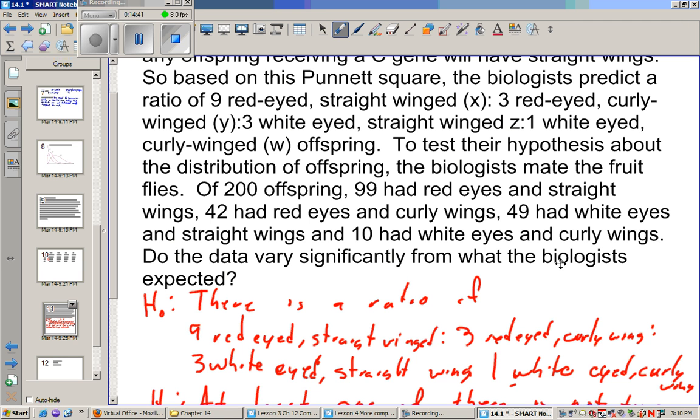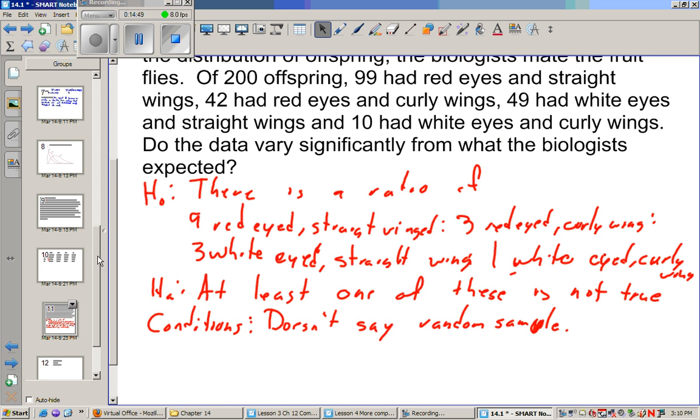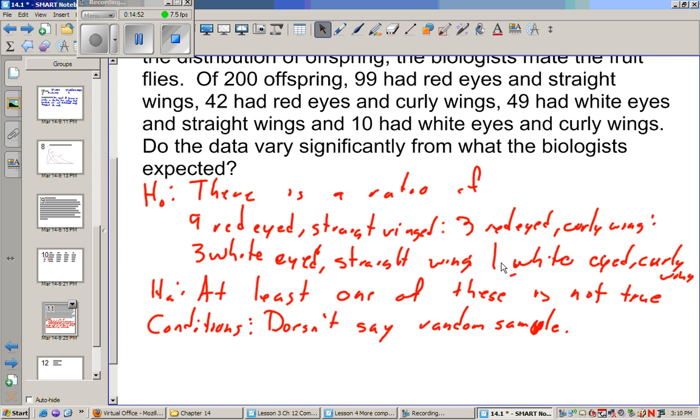So 9 plus 3 plus 3 plus 1 is 16 total. So we would expect 1/16 of them to be white-eyed and curly-winged. If I multiply 1/16 times 200, my smallest expected value will be 12.5. So we'll just say all expected counts are greater than 5.